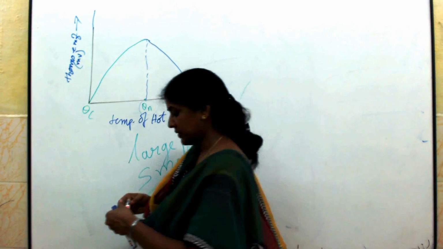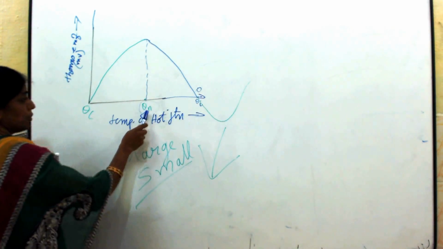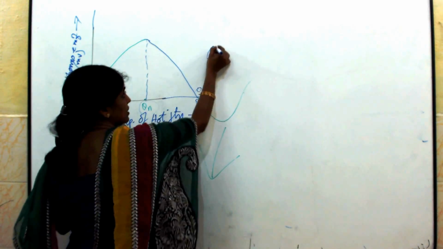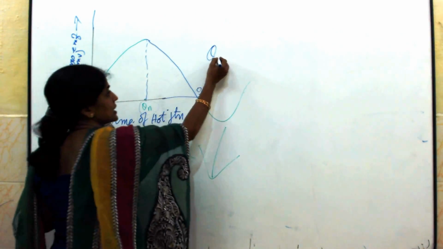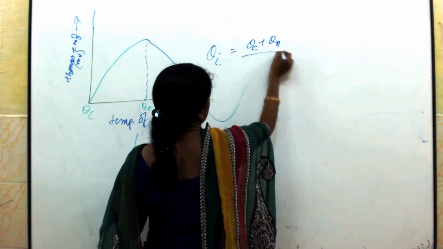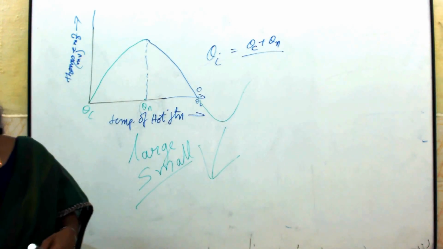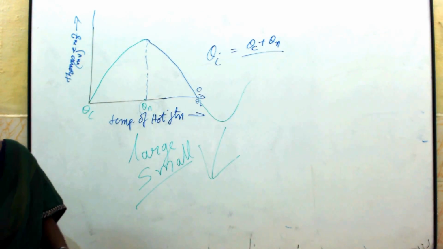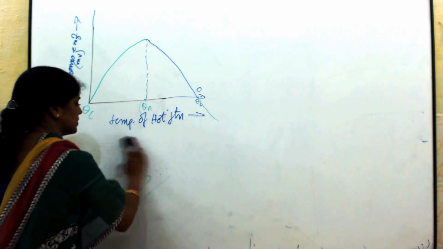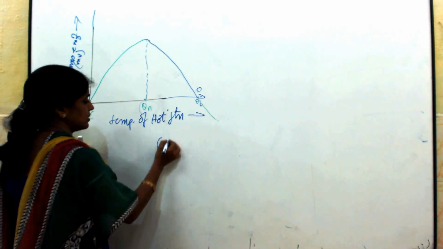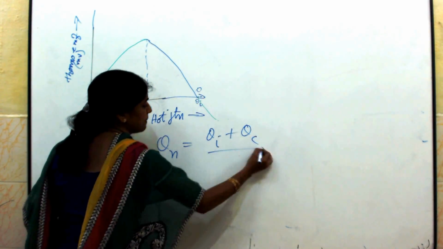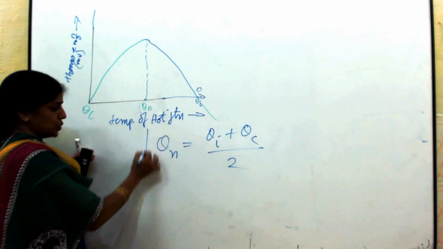And there is a relation between the temperature of inversion, the neutral temperature, and the temperature of the cold junction: theta I equals theta C plus theta N, and the relation connecting them is theta N equals theta I plus theta C by 2.